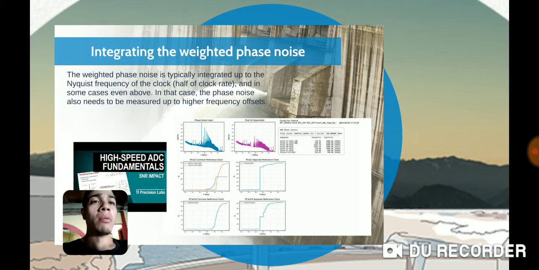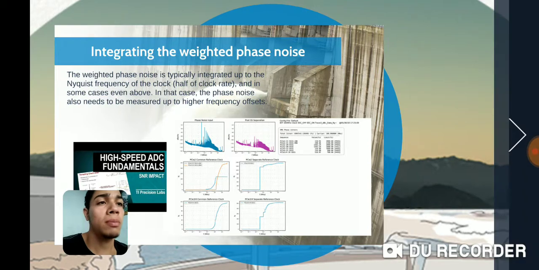Integrating the phase noise. The phase noise is typically integrated to the Nyquist frequency of the clock, and in some cases the phase noise also needs to be measured at higher frequency offsets.